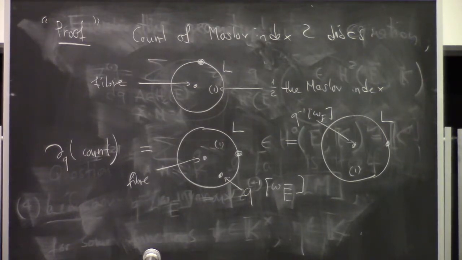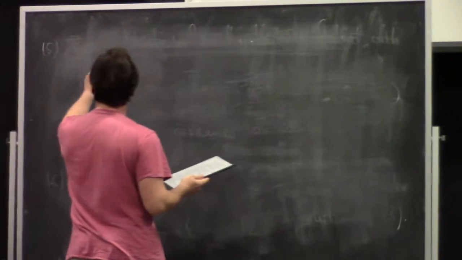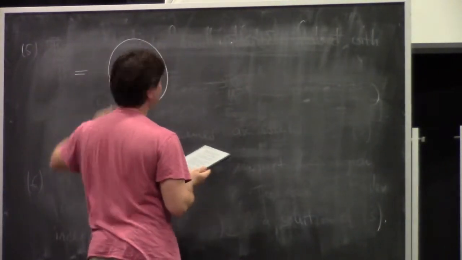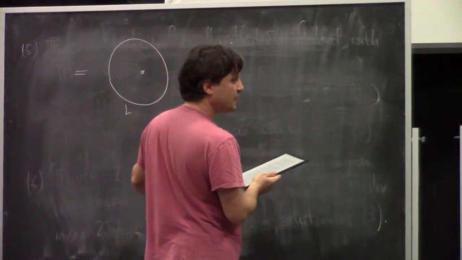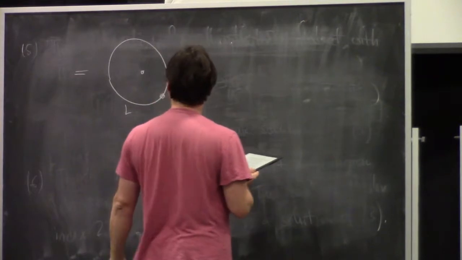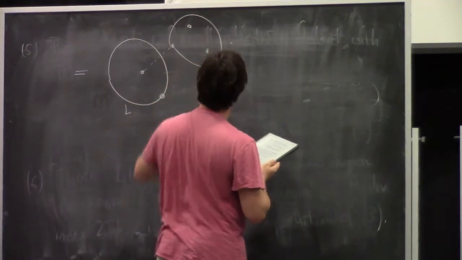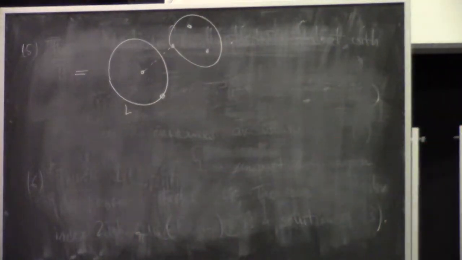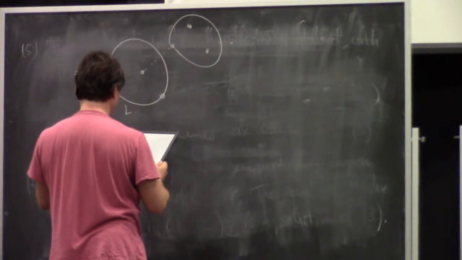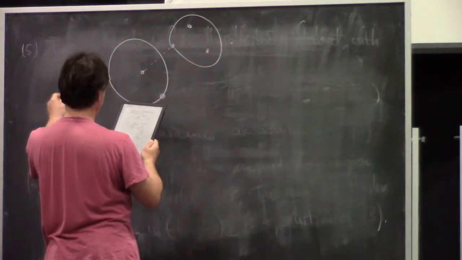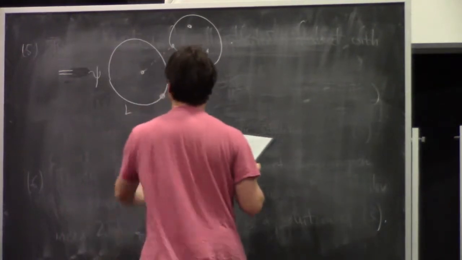So now I will actually use my assumption, which was that this class here is now equal to this guy here. So there's L, there's my marked boundary point here. And this class here can now be expressed as psi times this guy here, essentially.